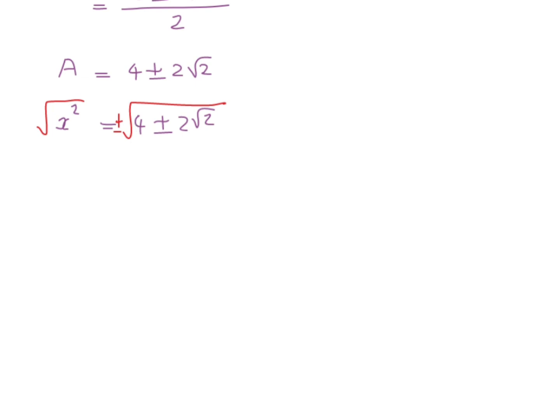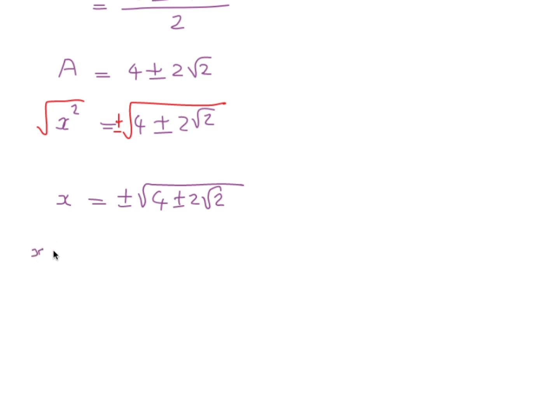So x equals plus minus square root of 4 plus minus 2 square root 2. So we have 4 solutions of this given equation.